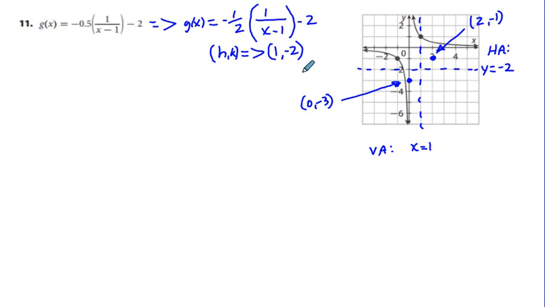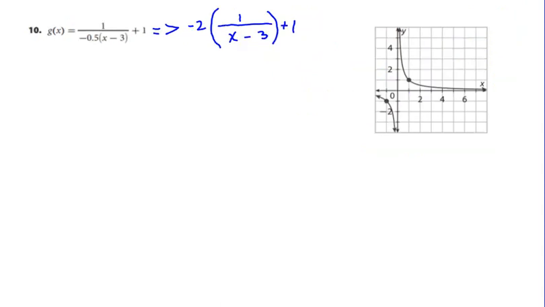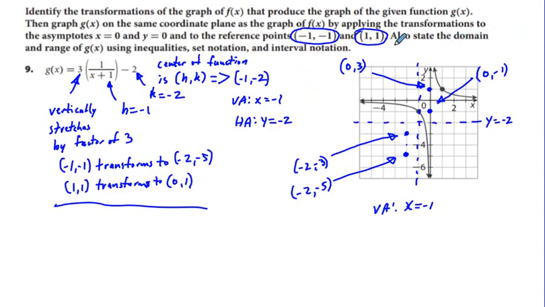Now, doing this and just looking at this reminds me that I've neglected to sketch in the graph on problem 9, because I think that's one of the things. Oh yeah, and other things. State the domain and range using inequality, set notation, interval notation.